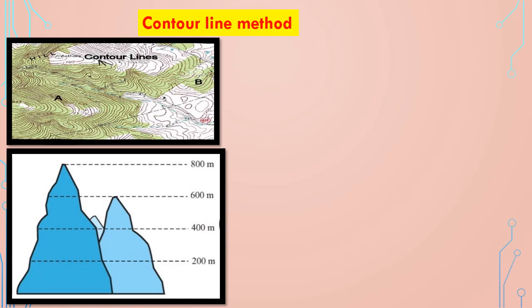Now look at the lines drawn on them which show their approximate heights from the ground level. Here it is mentioned as 200 meter which ends in 800 meter. So the height of the smaller hill is 600 meter and the taller one is 800 meter.